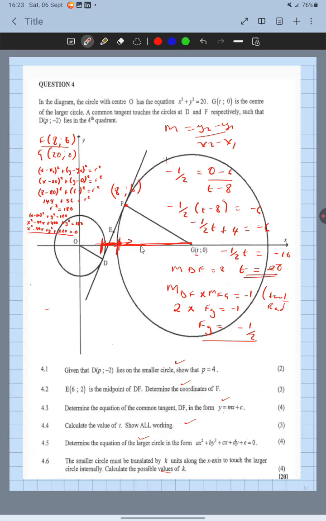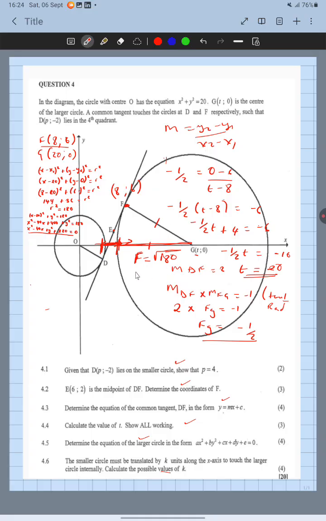What is our radius? It is the root of what was that value that we got? 180. 6 root 5.